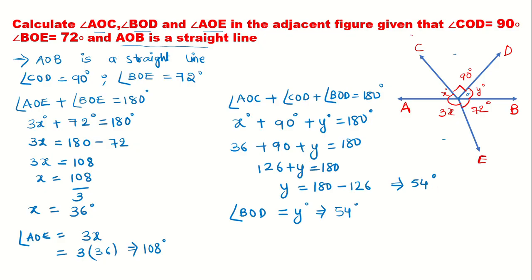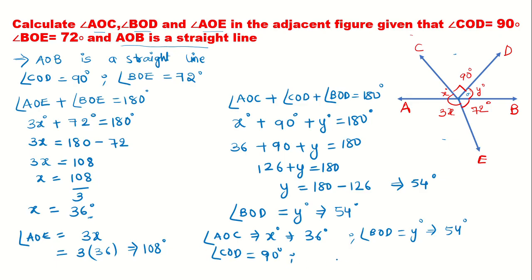Okay. So angle AOC we have as x degrees, which is 36 degrees. Next, angle BOD, it is y degrees, which we got as 54 degrees. Next, angle COD, it is given as 90 degrees.